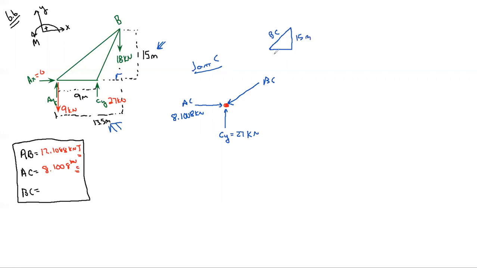And this one here is 4.5 meters. The perpendicular distance from point C to point B would be 13.5 minus 9. So that's where the 4.5 comes from. Take the inverse tan of 15 over 4.5, and we get 73.3008 degrees.